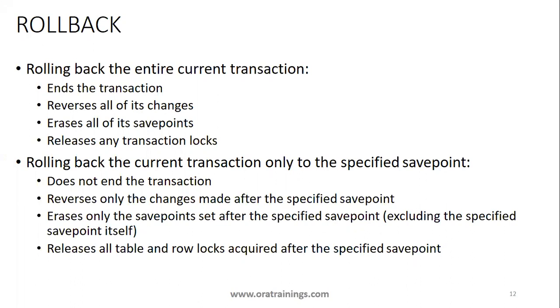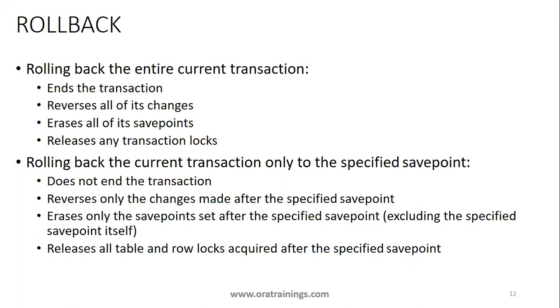There is another consideration of rollback: rolling back the transaction only to a specific save point. When you are executing your transactions, you can also mention save points, and you can roll back to a specific save point.